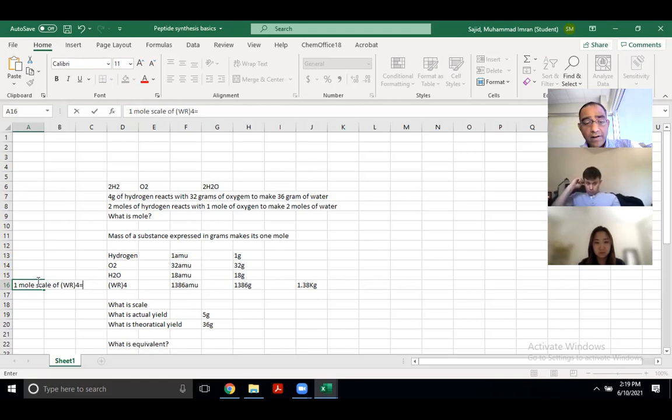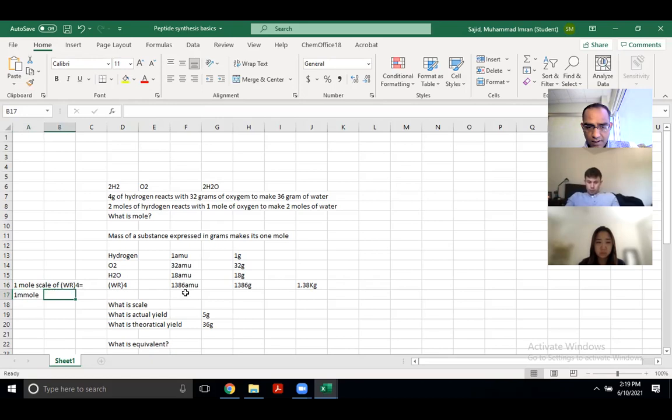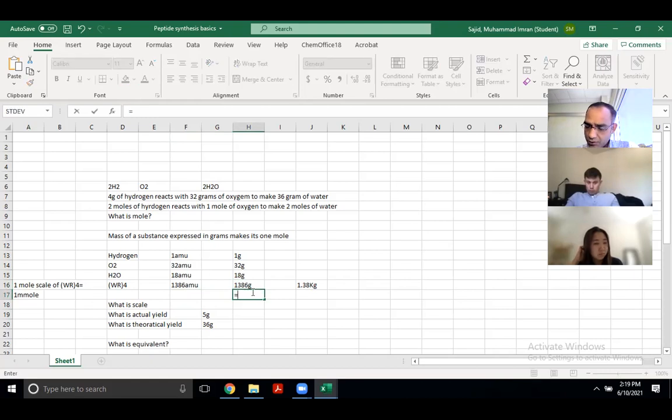So in effect, we don't make this thing in our lab. It is too much. So then I will change this to 1 millimole. If I change it to 1 millimole, I divide this by 1000: 1386 divided by 1000.